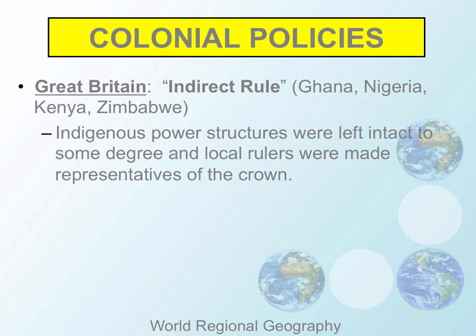So the local rulers, in actuality, answered to the British. Were not really empowered to act of their own accord. But to their subjects, it may have seemed as though the local rulers were in charge. And this is a strategy that the British used in other parts of the world as well, and we'll talk about them in other units.